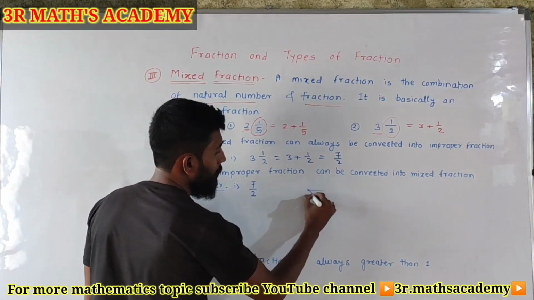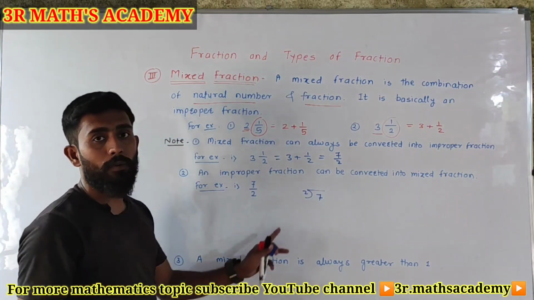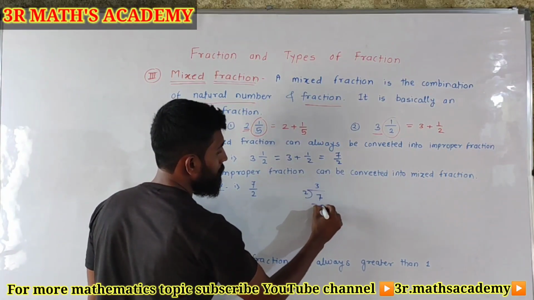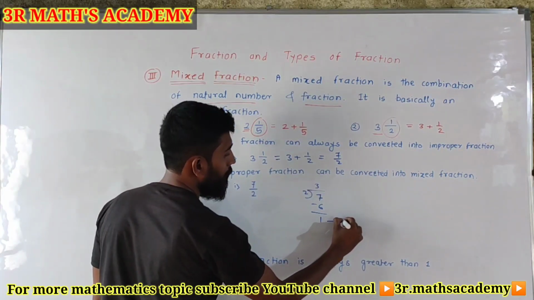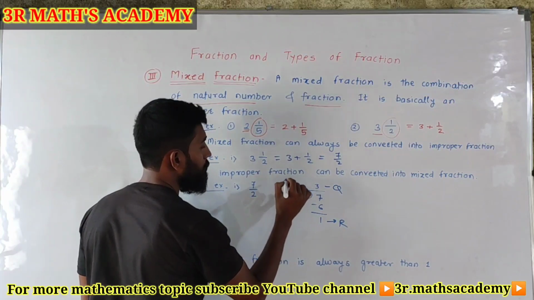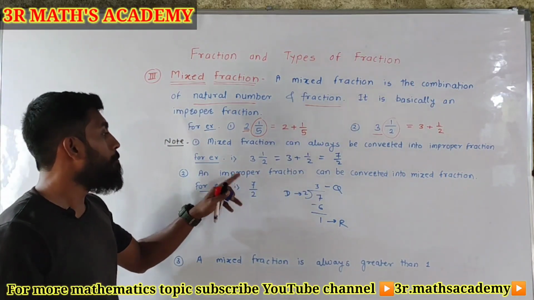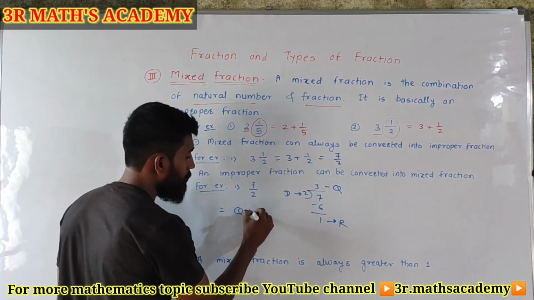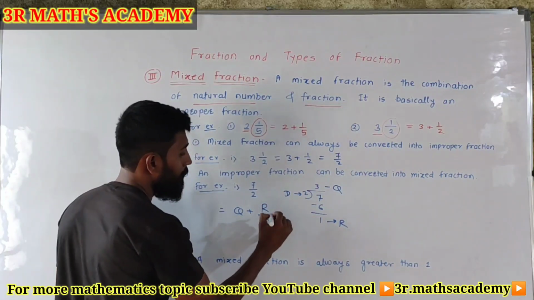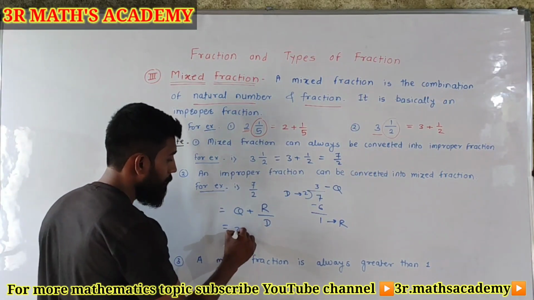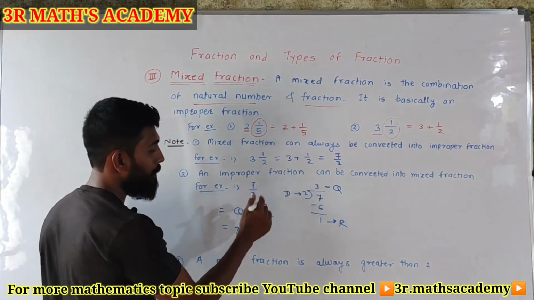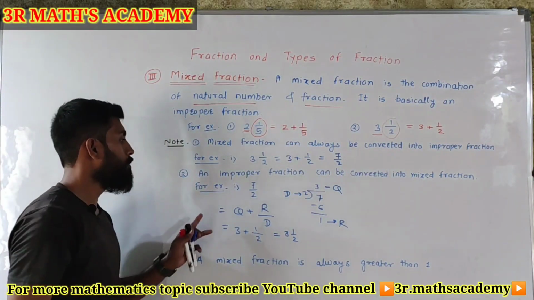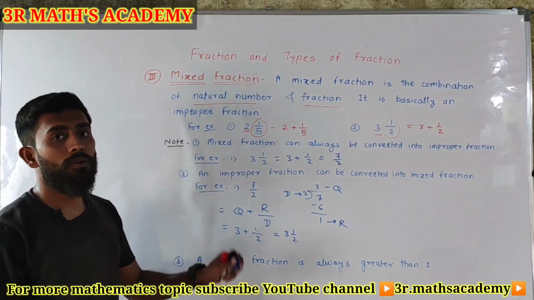If we divide 7 by 2, we get 3 and 6, so the remainder is 1, the quotient is 3, and the divisor is 2. So to convert, we write quotient plus remainder upon divisor: 3 plus 1 upon 2, which is also 3, 1 upon 2. So an improper fraction is converted into a mixed fraction.